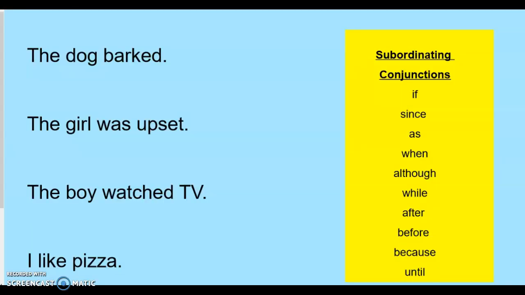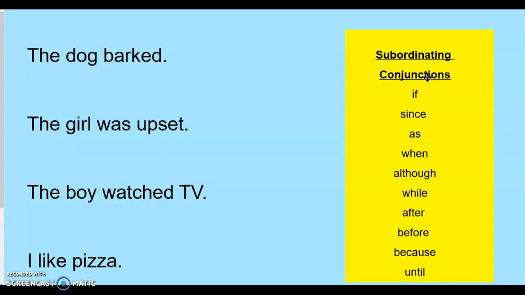Your task now: watch this video again if you're not really sure what this means, and I will attach another link for you to watch as well. But if you're feeling like you've understood, then what I would like you to do now is take these sentences here. Okay, so these are all simple sentences. The dog barked, the girl was upset, the boy watched TV, I like pizza.